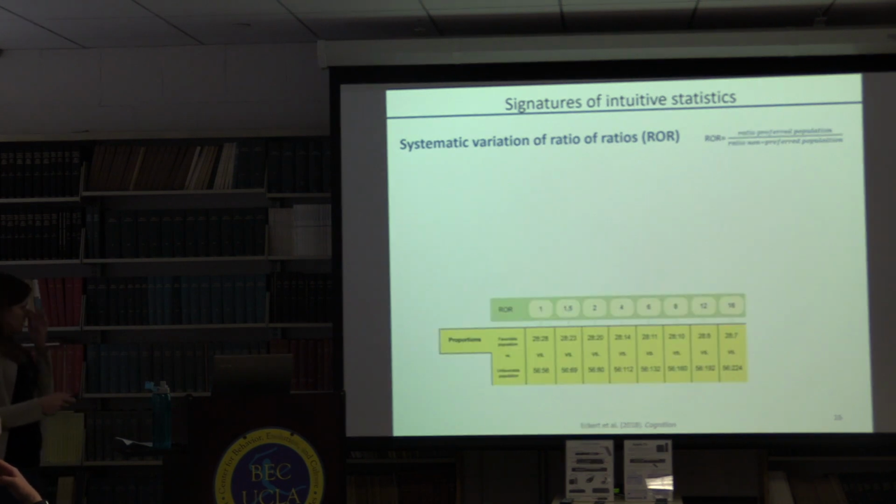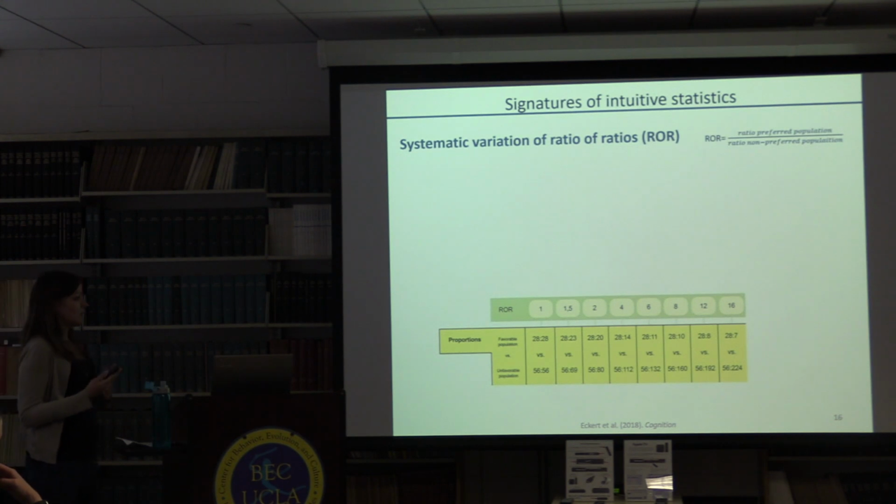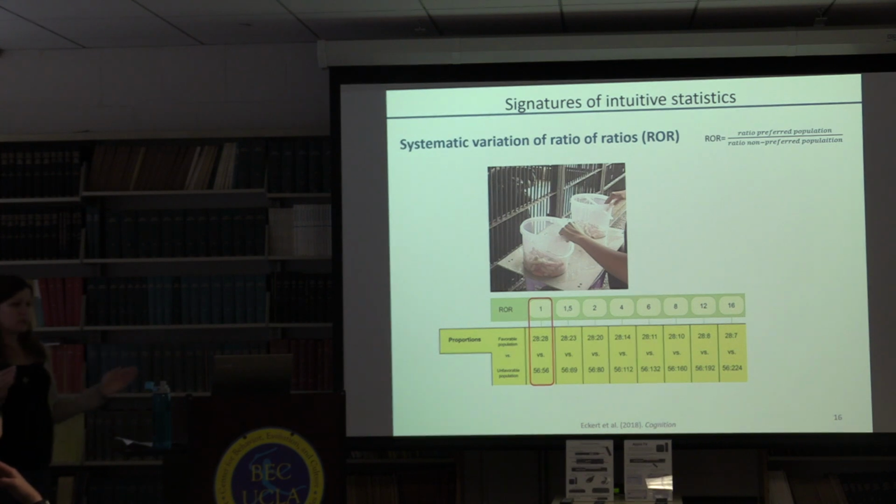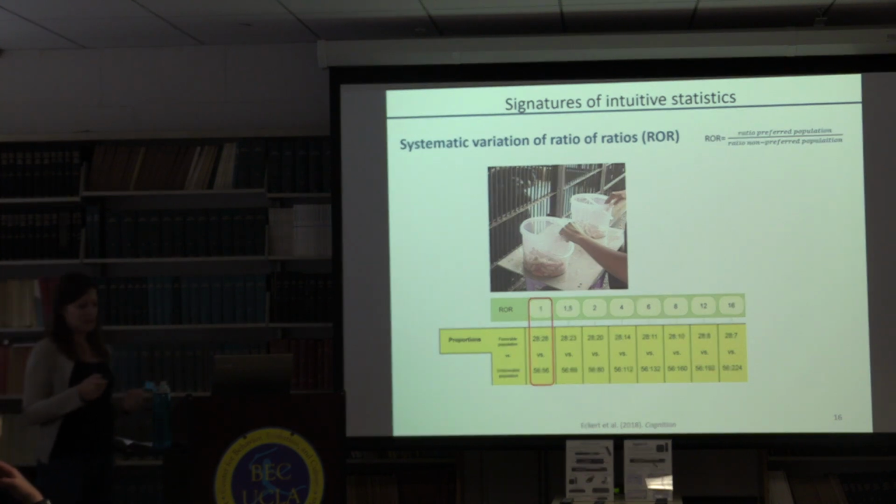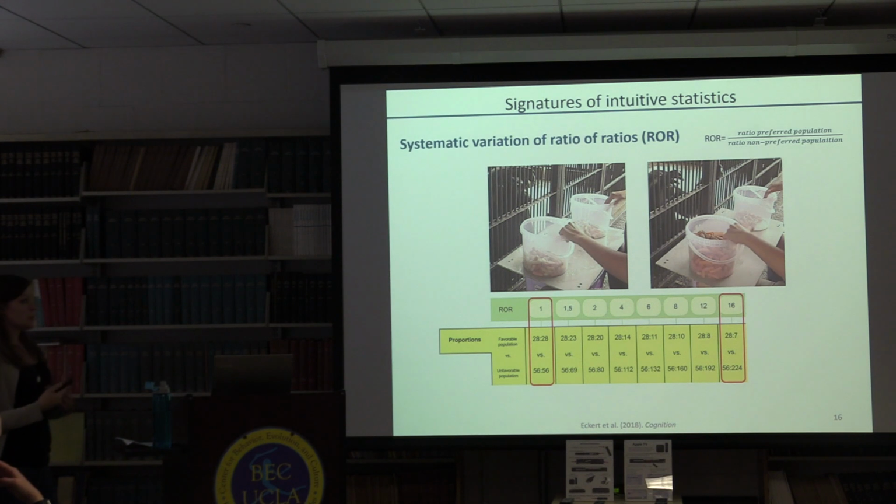And I don't want to go into too much detail. Basically, all you need to know is that I tested 8 different ratio of ratios ranging from 1, which would be the same proportions in both populations, up to 16, which would be the highest magnitude of difference, and which was also the ratio of ratio that had been used in the previous study.